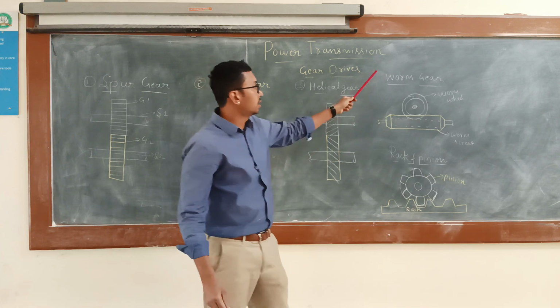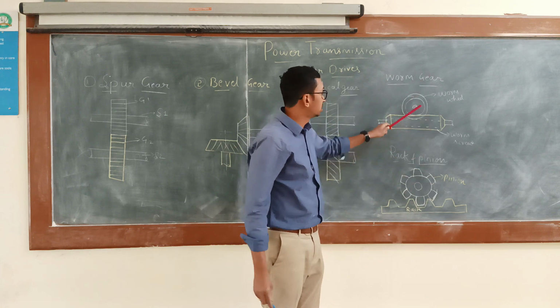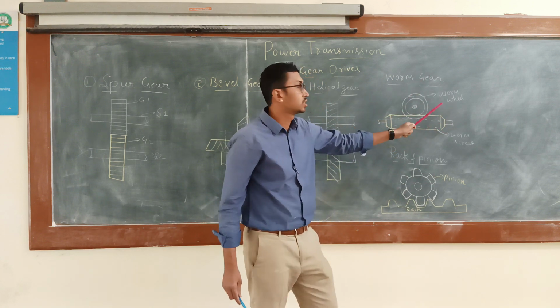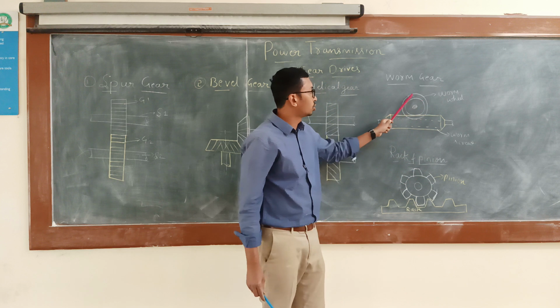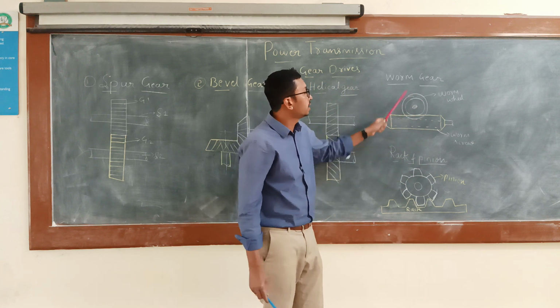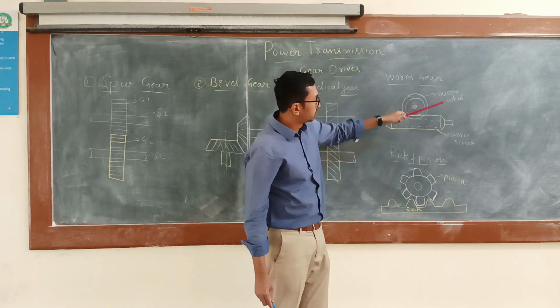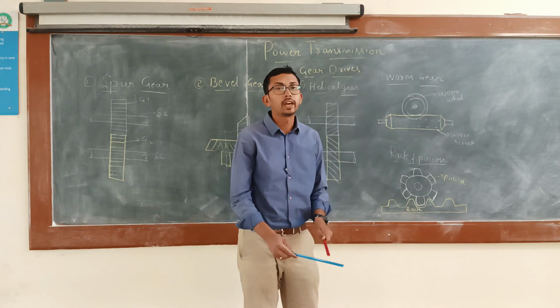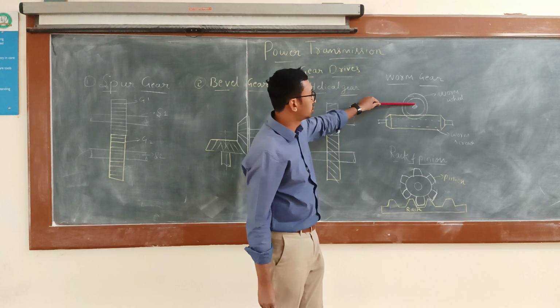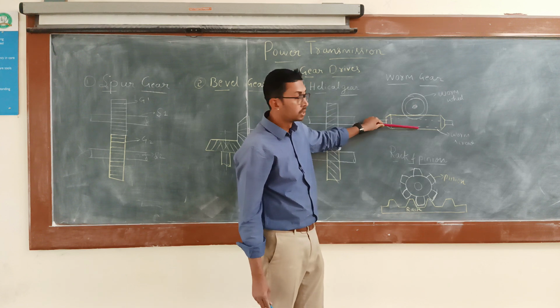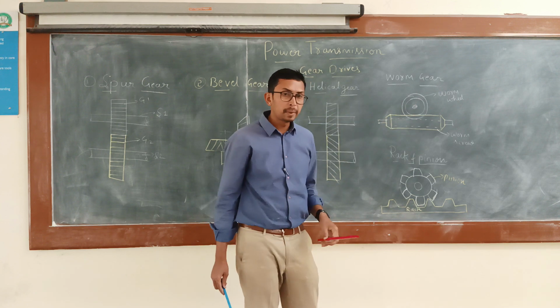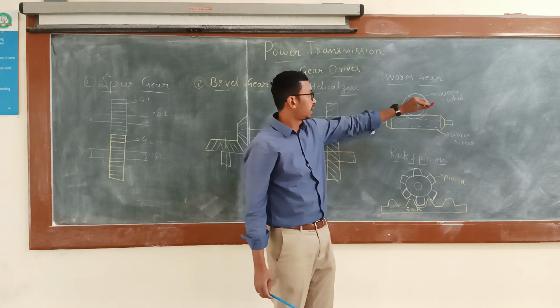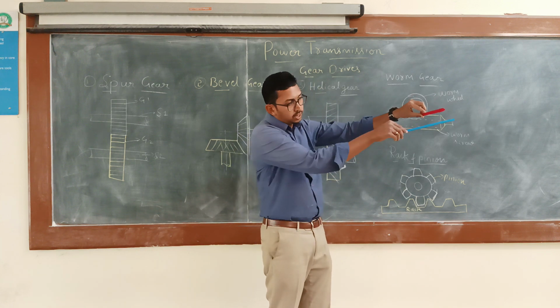The next one is the worm gear. The upper wheel that you see is called the worm wheel. It also has teeth on it, and there is another unit called the worm screw. Here I need to transfer power from one shaft to another shaft. One shaft is like this and the other shaft is like this.